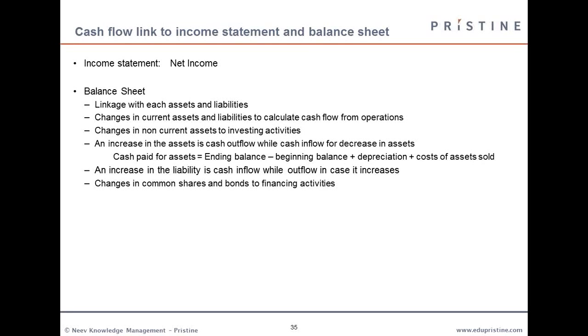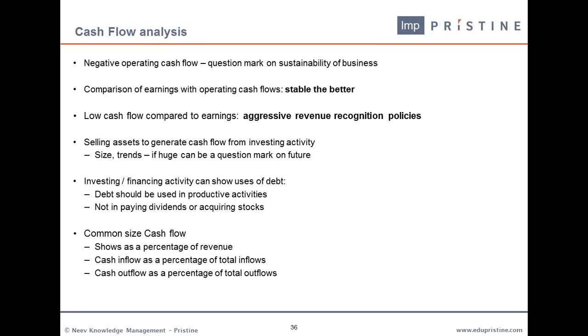Say you bought a machinery, so the cash that you paid comes here. So that's the link between the balance sheet and the cash flow statement. For example, an increase in a liability is a cash inflow, whereas a decrease in liability is a cash outflow. So thus all these statements are linked.